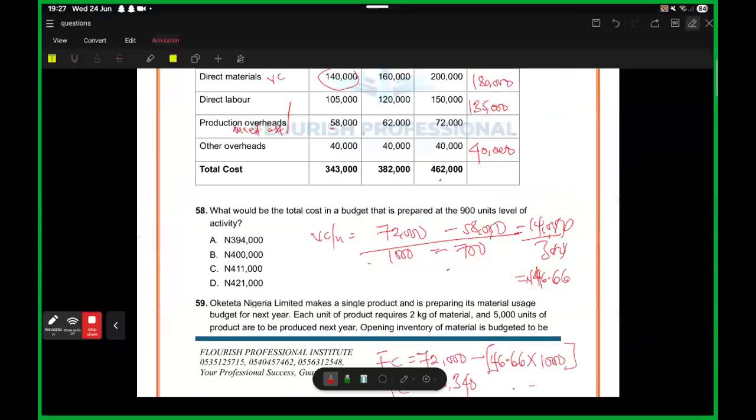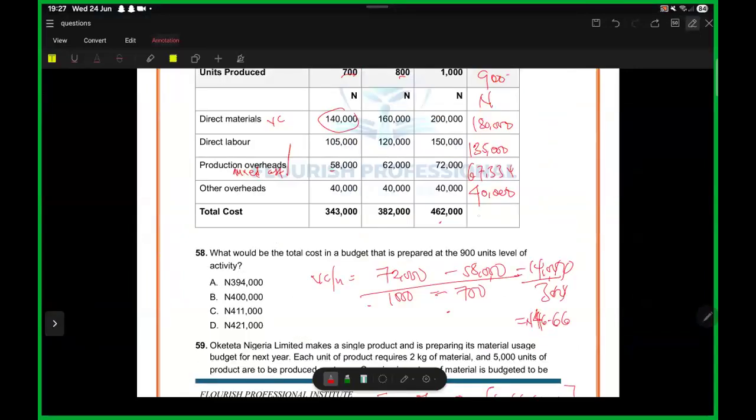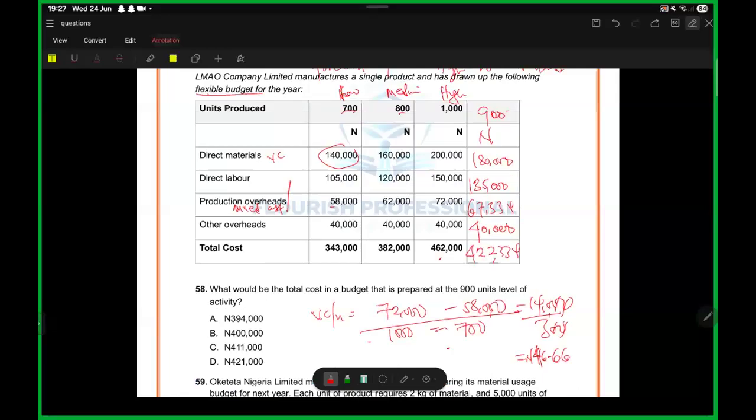Let's add all these three. The answer here is to the nearest whole number because of the rounding errors. So let's add them and see. 180,000 plus 67,334 plus 40,000 is 422,334.